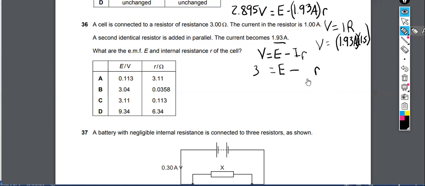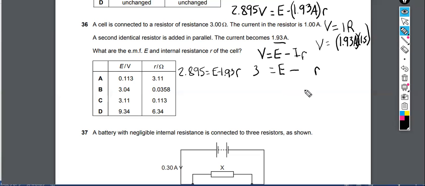We know the units are all correct to give us volts and ohms out. We got the other equation, 2.895 equals E minus 1.93 R. There's a minus sign in there. All right, so 2 equations with 2 unknowns means we can solve it. Let's solve this one.